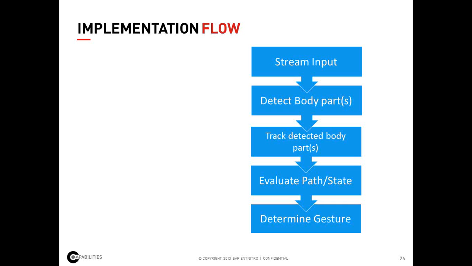Was there any significant variation to it? Based on that, you can evaluate and determine if it was the gesture which you were looking for. Because it's possible that you are moving your hand but in the opposite direction, or probably in the vertical direction, not in the horizontal direction.